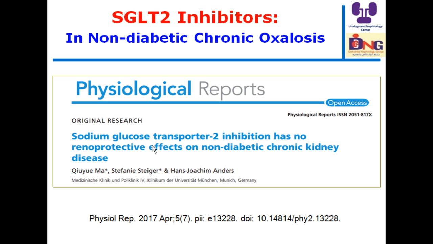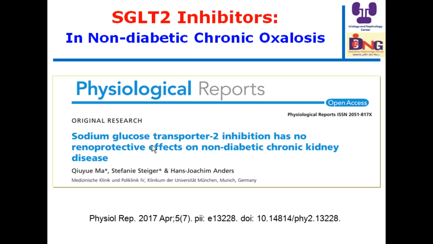And here, studying sodium glucose cotransporter 2 inhibitor in the rats showed no difference. So it is better not to use. So there is no evidence to use sodium glucose cotransporter 2 inhibitors outside the domain of diabetes. And here I want to stress they are approved only in type 2 diabetes, not type 1 diabetes yet.